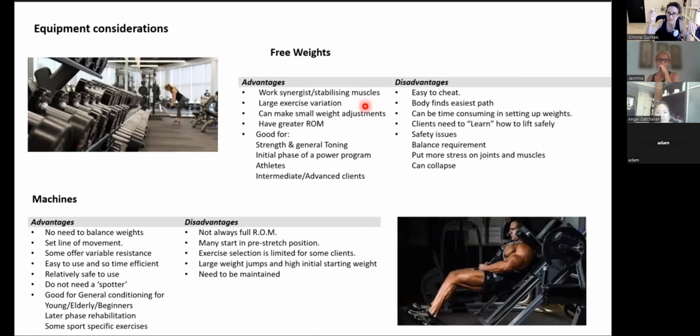Some machines have an in-between weight and you can choose a little bit in between. But when you have a rack like that, very often it comes in maybe 1 kilo difference. So you can start maybe with 2.5, and then you can do maybe 3.5, and then 5, and something like that. So this one is actually a good thing. That one is the small weight adjustment.